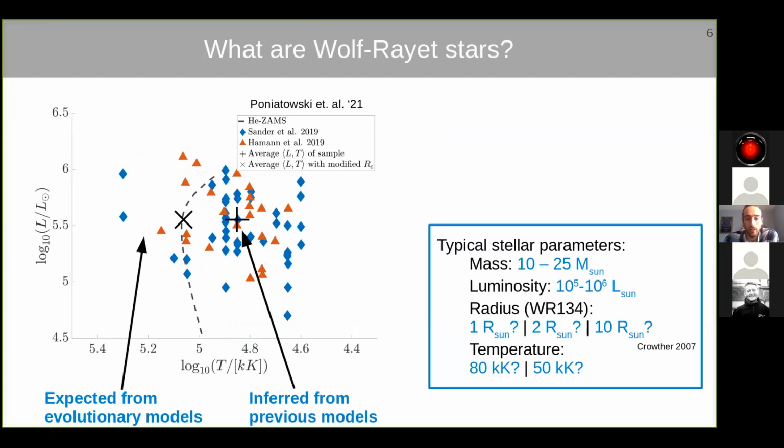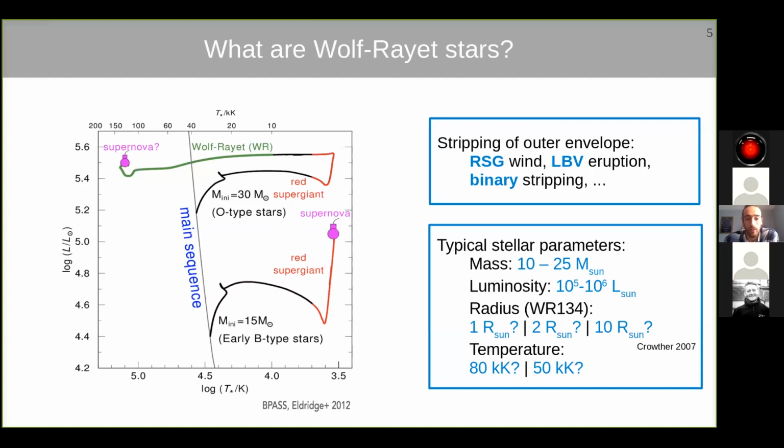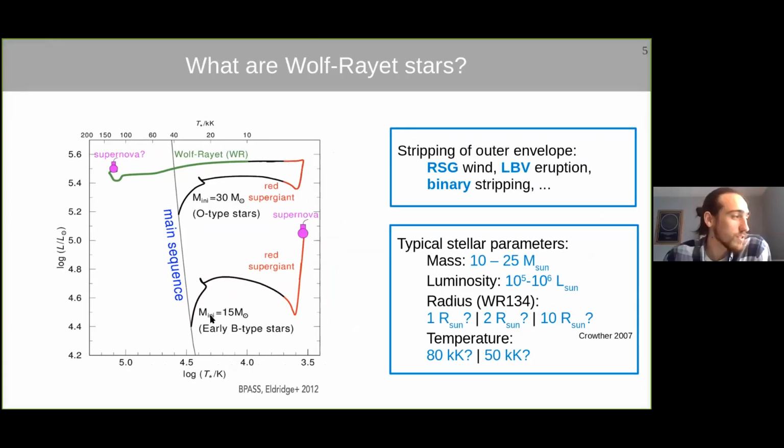So let's have a look at a Wolf Rayet star on the HR diagram. Wolf Rayet stars are born on the main sequence, and then they will live their main sequence life, and then they will lose their outer envelope. And in the previous plot that I showed, this happens through an LBV phase. But if the stars are a little less massive, this can also happen in the red supergiant phase, or additionally, this could also happen due to binary stripping.